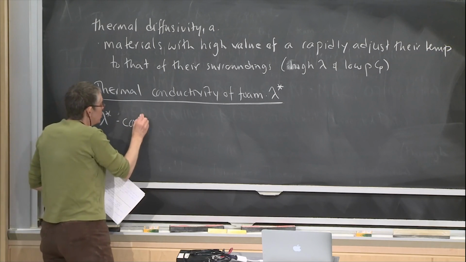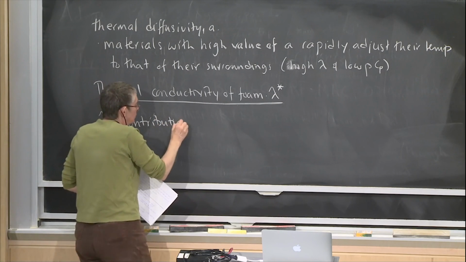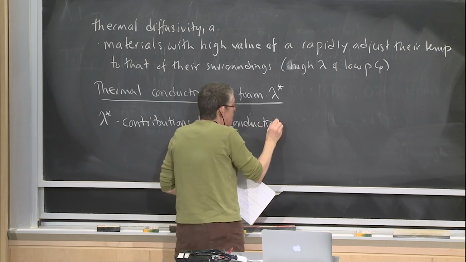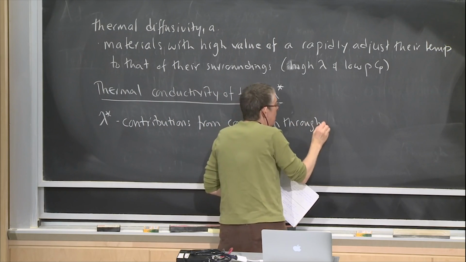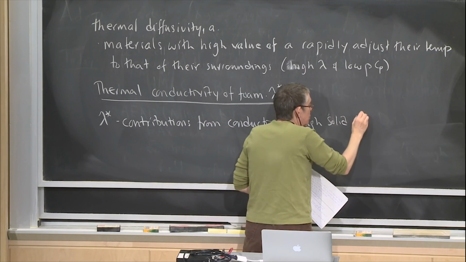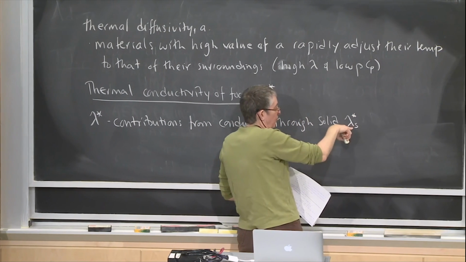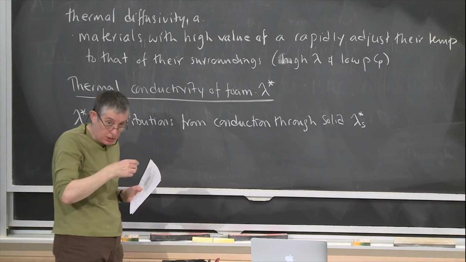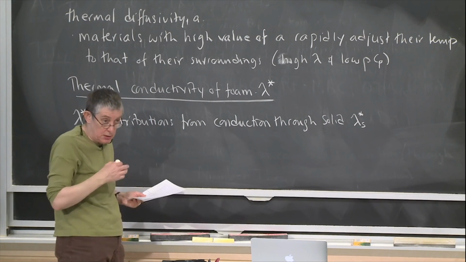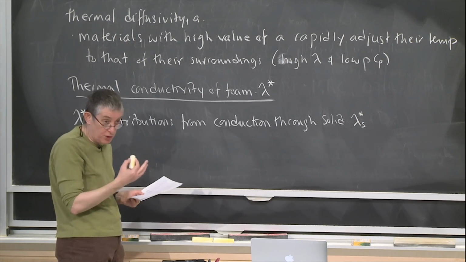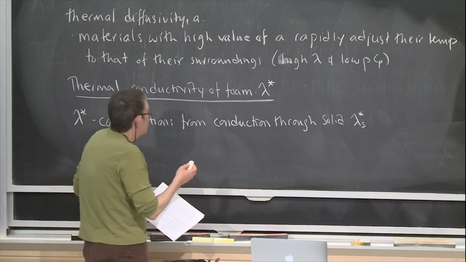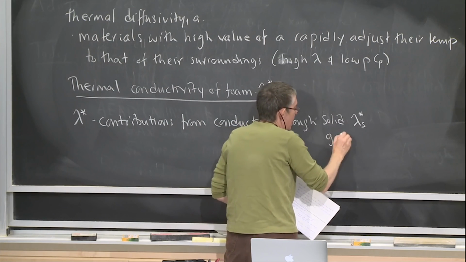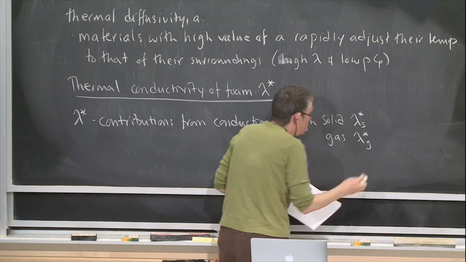So we're going to have contributions from conduction through the solid. So the amount of conduction in the foam from the solid, I'm going to call lambda star s. So lambda s would be the conductivity of the solid, and lambda star s is the thermal conductivity contribution from the solid in the foam. We get conductivity through the gas. So that's lambda star g for gas.